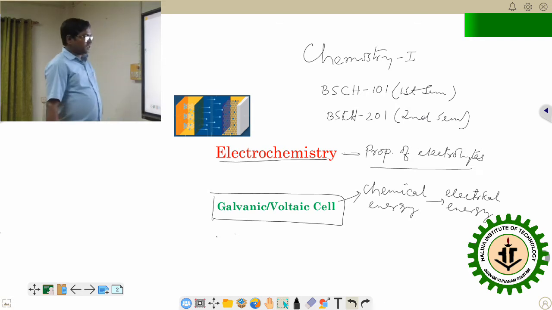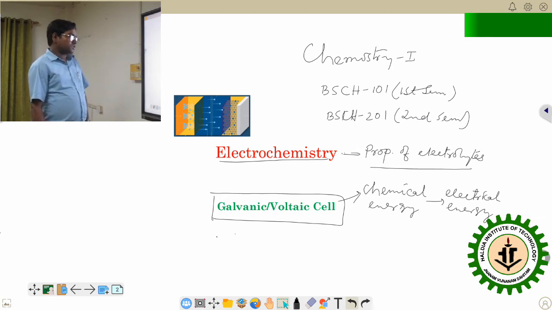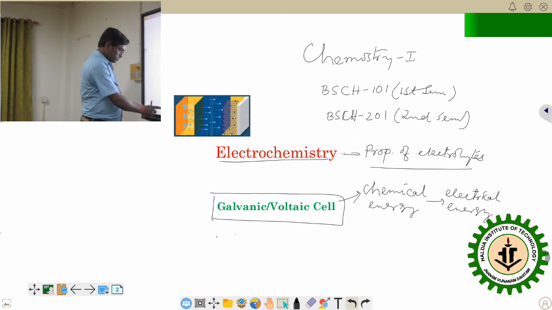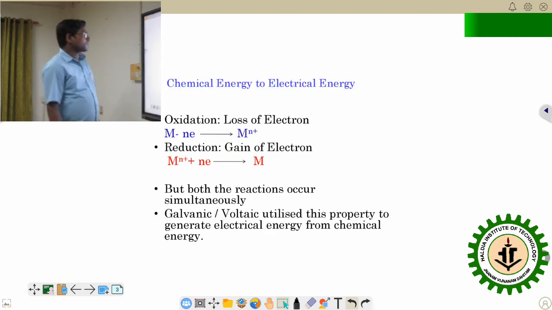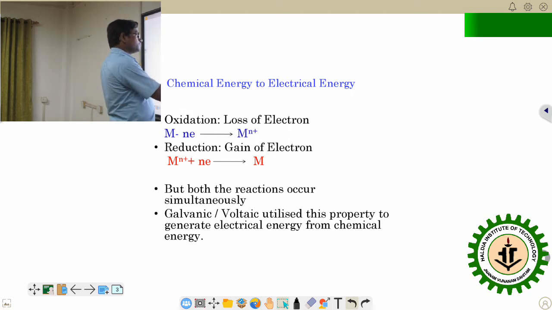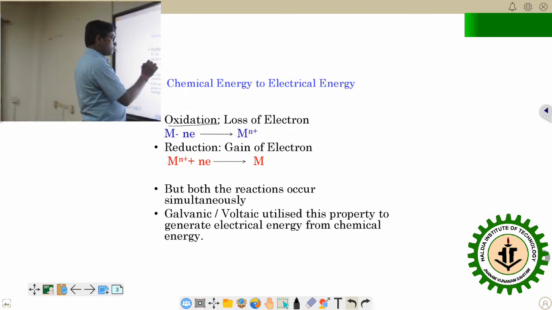The principle behind this was proposed by Galvani and the cell was designed by Volta, and that's why this cell is called a galvanic cell or voltaic cell, where chemical energy is transformed into electrical energy. We all know the two familiar terms, oxidation and reduction.